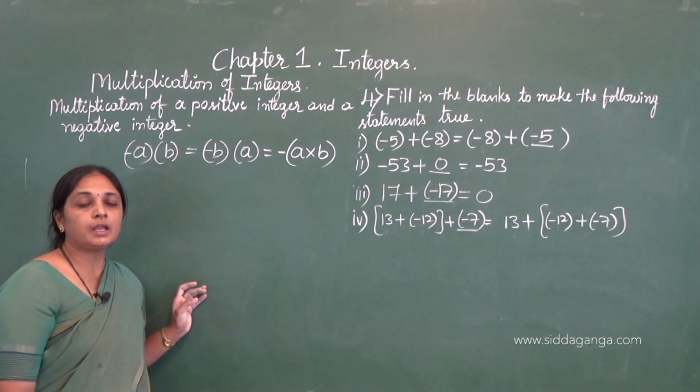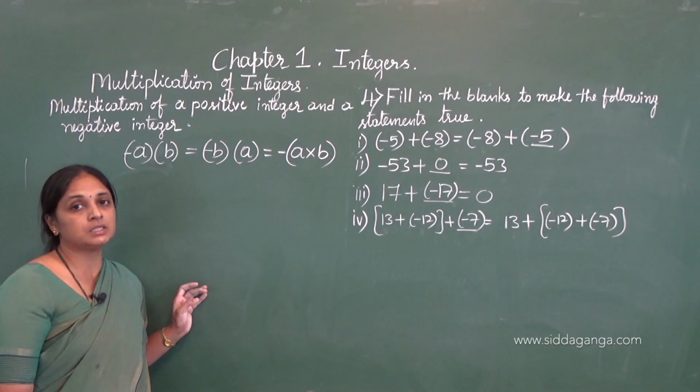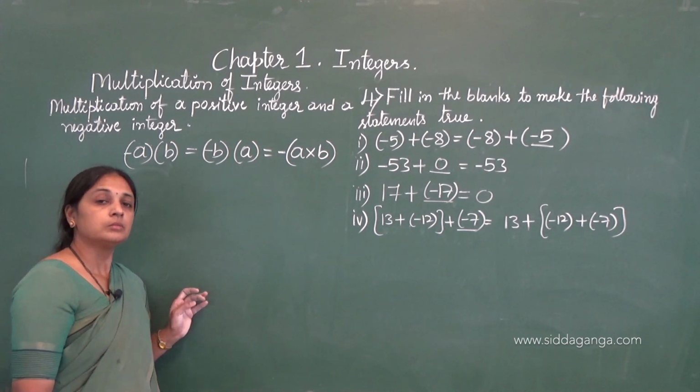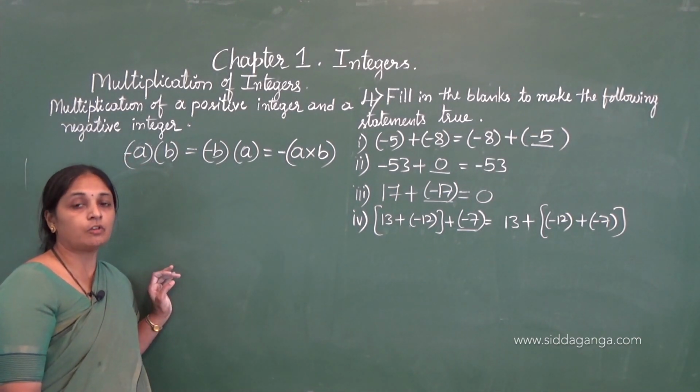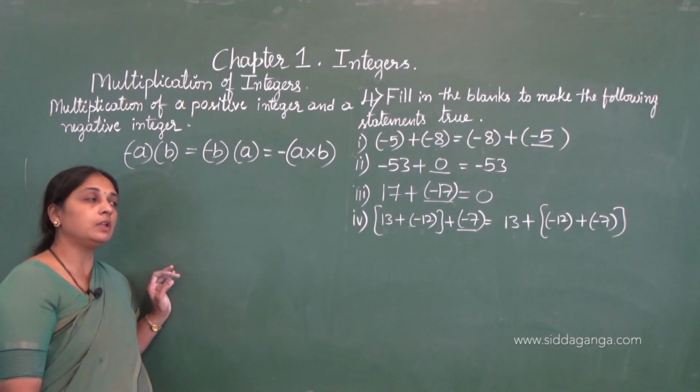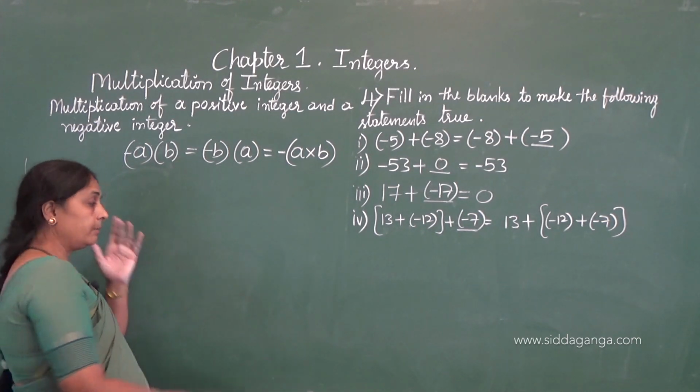First we multiply the integers, then we write a minus sign before the product. Whatever product we get, we write a minus sign before that.